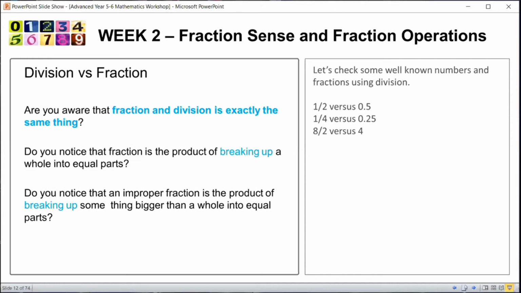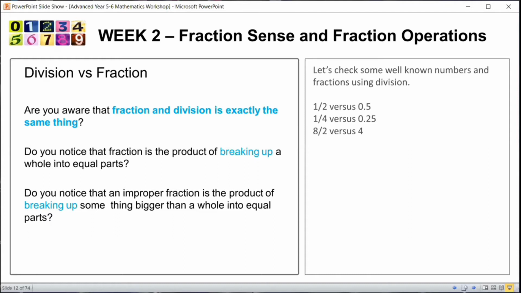The first thing that I want to look at is fraction and division. Are you aware that fraction and division are actually the same thing? Yes, that's good. You get a fraction when you break up something.